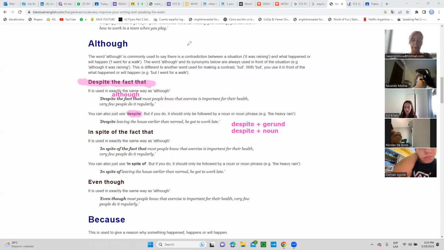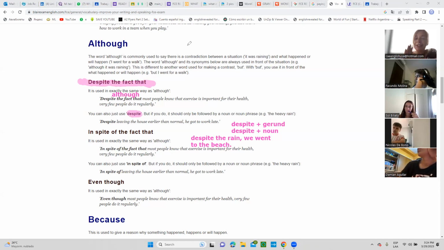So, for example, despite the rain, we went to the beach. It's wrong to say "despite it was raining." No. "Despite it was raining" is wrong because despite alone is not going to be followed by a sentence.